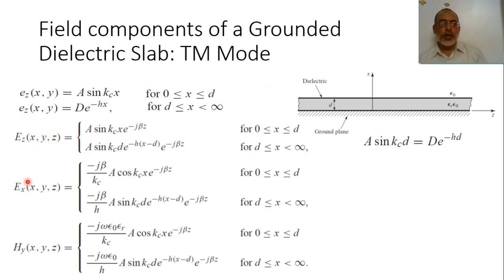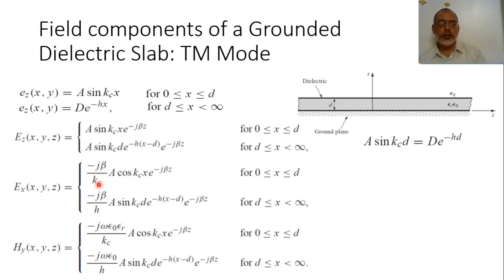From Ez we can obtain Ex. Ex would be proportional to the derivative of Ez with respect to x. So it would be proportional to cosine kcx, and here we have kc, and already we have kc squared in the denominator. So kc over kc squared would be 1 over kc.